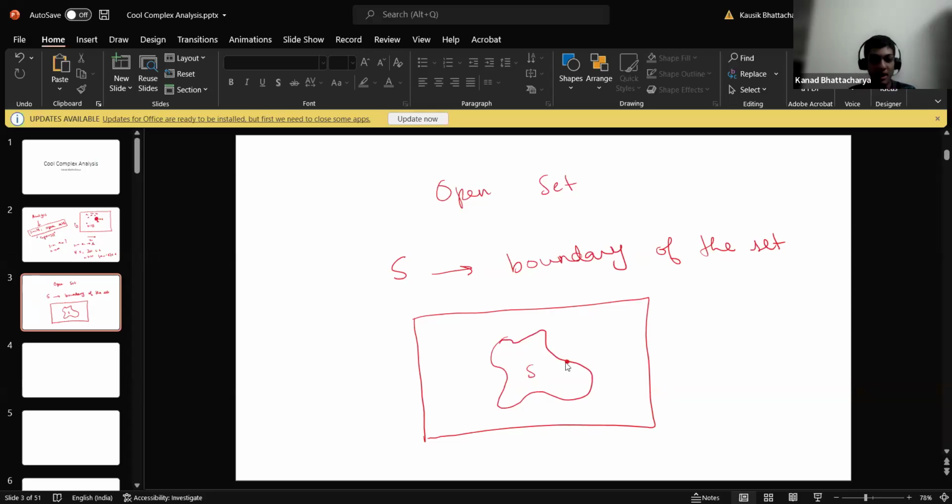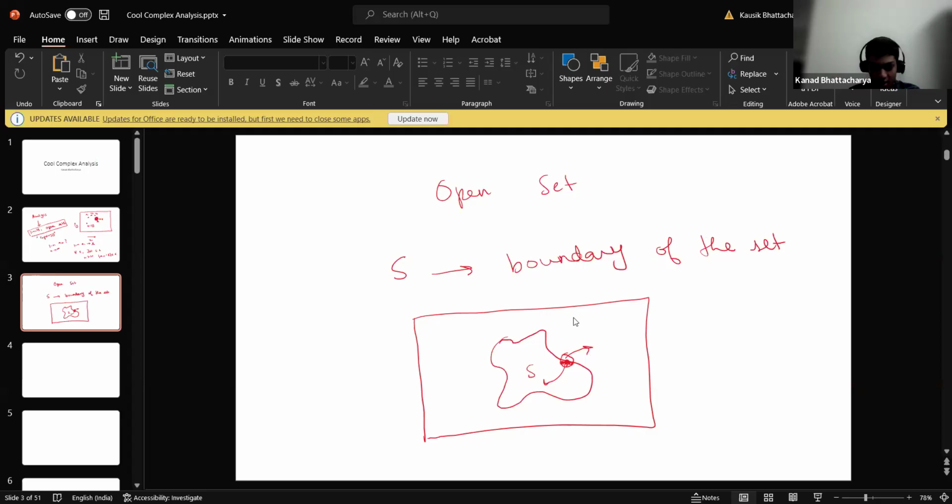What we mean is that if we take a small circle around it, okay, seeing circles everywhere is kind of a common thing, so if we take a sufficiently small circle around that point which we are claiming to be a point on the boundary, then a part of the region within that circle lies within the set, and a part of the circle lies outside the set.